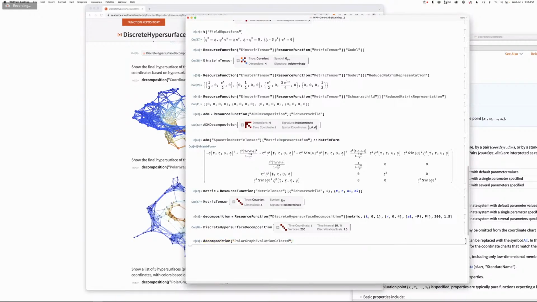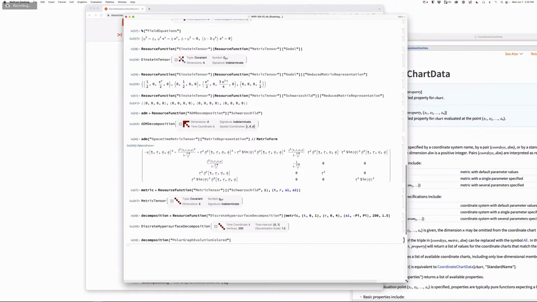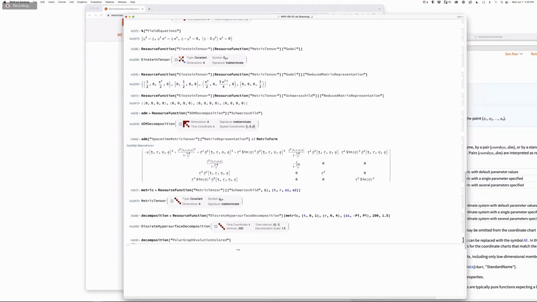PolarGraphColored will show you the final hypersurface only. PolarGraphEvolutionColored will show you all the hypersurfaces, including both the initial and final forms. Right now, there isn't a straightforward option to get just the initial one, but maybe I should add that. Let's just get fewer of them, and then we'll pull out the initial one.